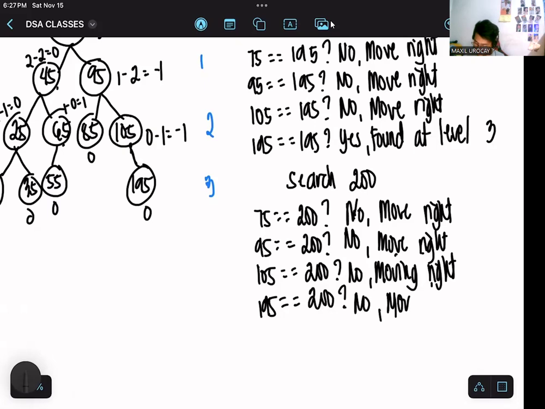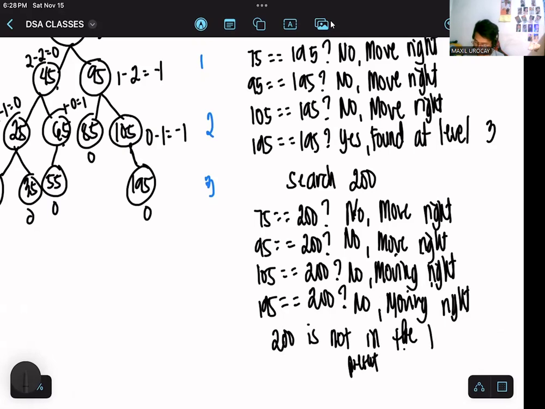Considering that 195 is a leaf node, what can we do right now? We just have to indicate that 200 is not present.